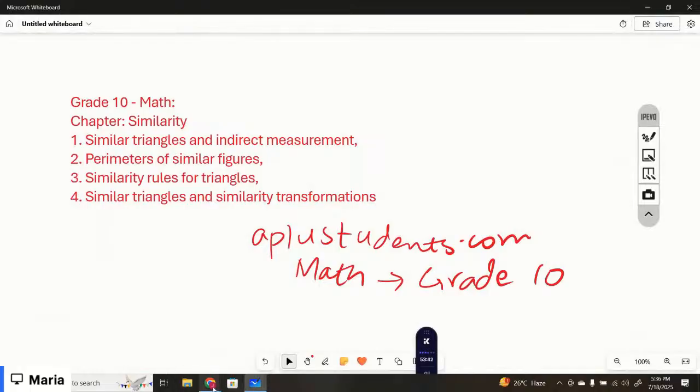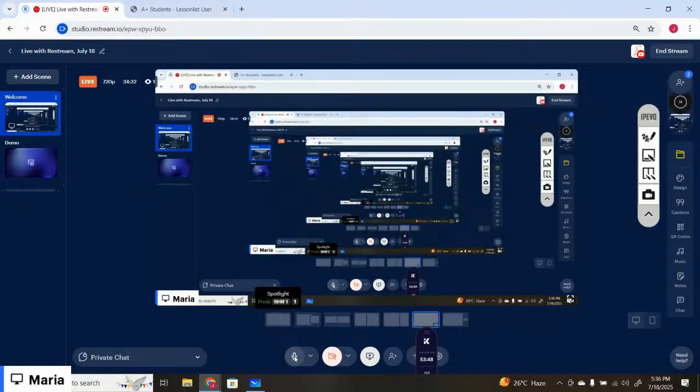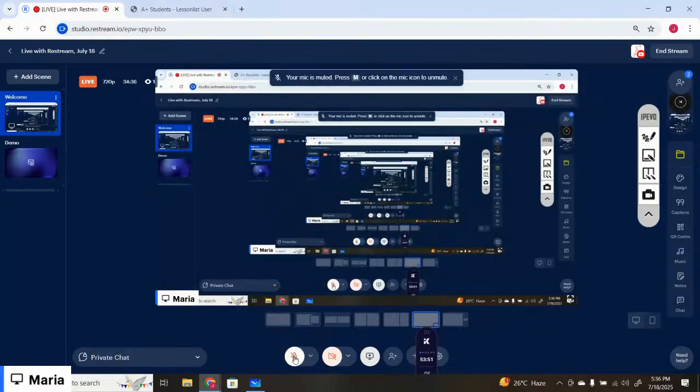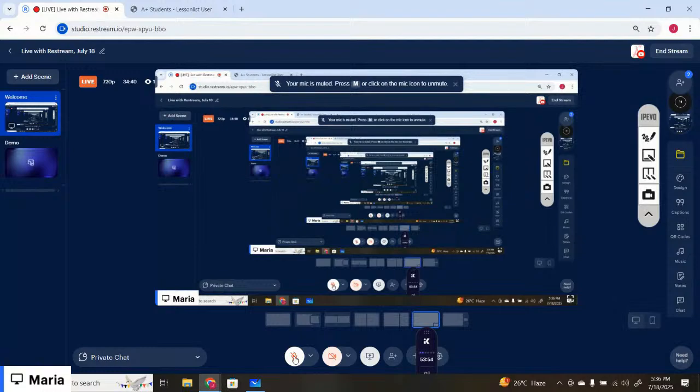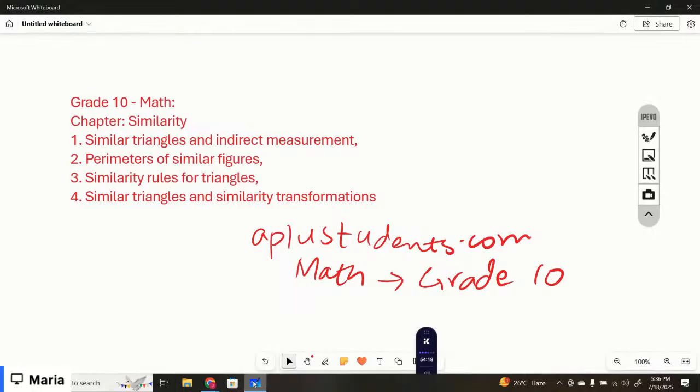The lessons we have covered today are similar triangles and indirect measurement, perimeters of similar figures, and similarity rules for triangles.